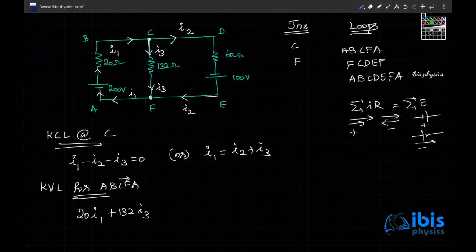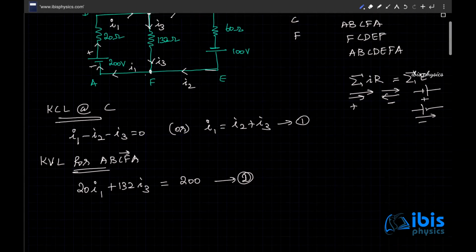There are no other resistors in this loop. On the other side, going from A to B, you are going from negative to positive of the battery, so it is plus 200. This is our equation. Let's call the first one equation 1 and this equation 2.